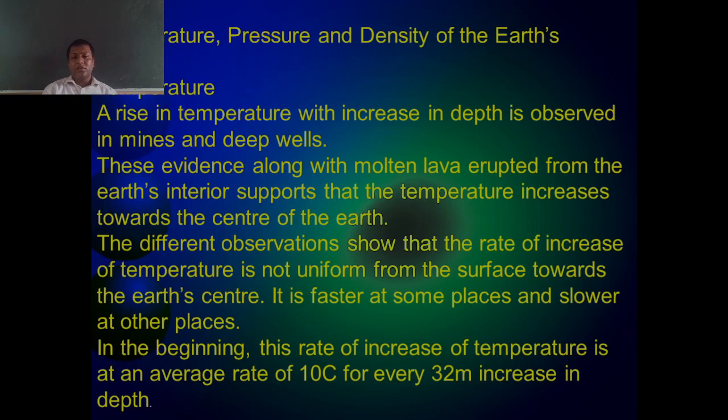Observations show that the increase of temperature is not uniform from the surface towards the earth's center. It is faster at some places and slower at others. In the beginning, the rate of increase is on average 10 degrees Celsius for every 32 meter increase in depth.